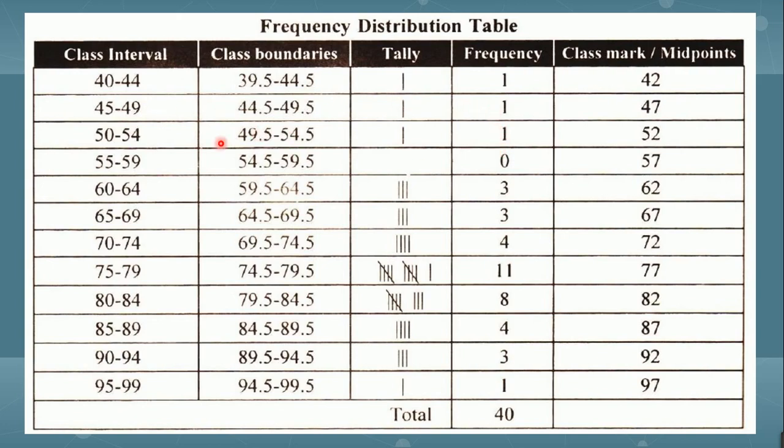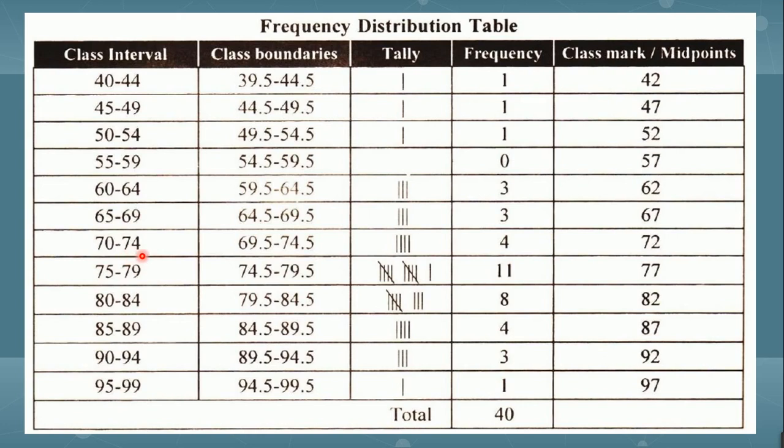And 50 to 54, there is also one number, its frequency is also 1. There is no number from 55 to 59, no number is lying, so its frequency is 0. 60 to 64, its frequency is 3. 65 to 69, there are 3 numbers, so this class frequency will be 3.